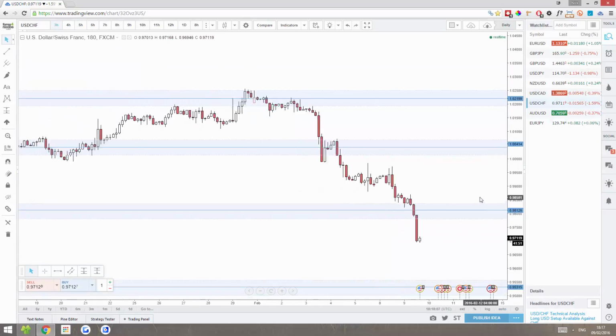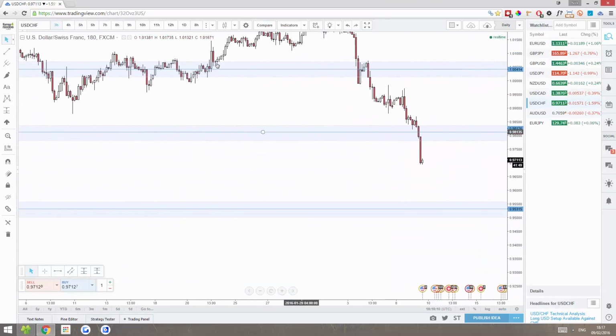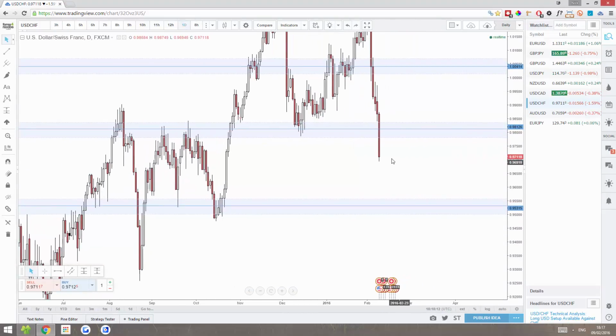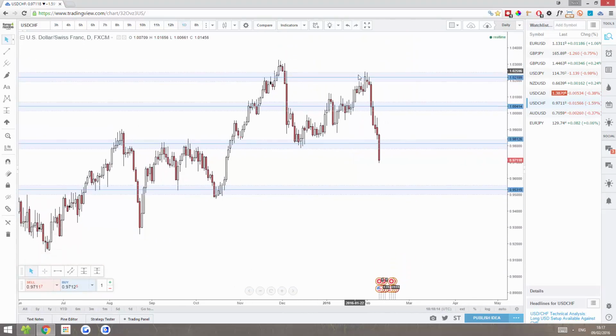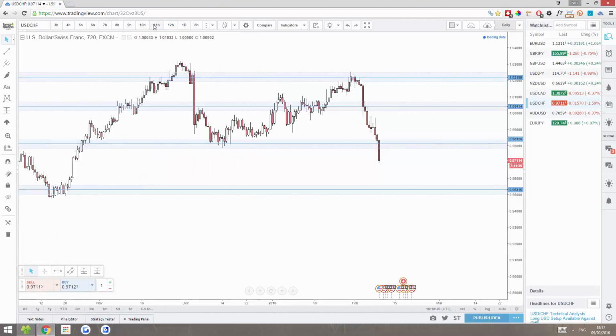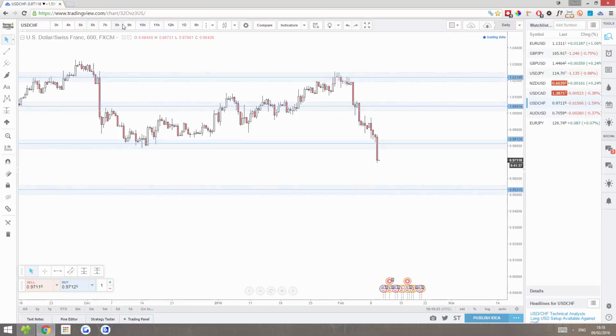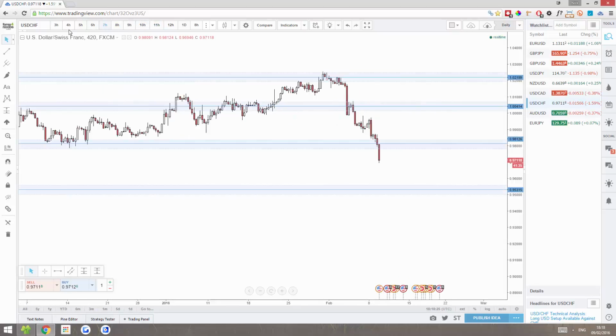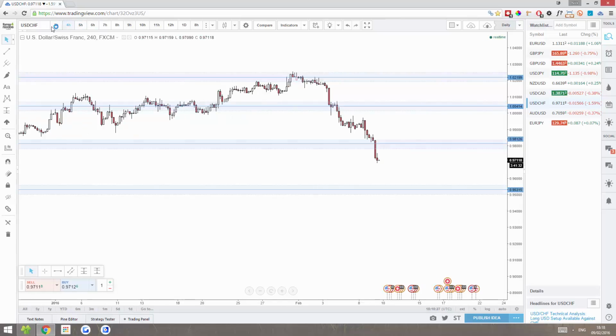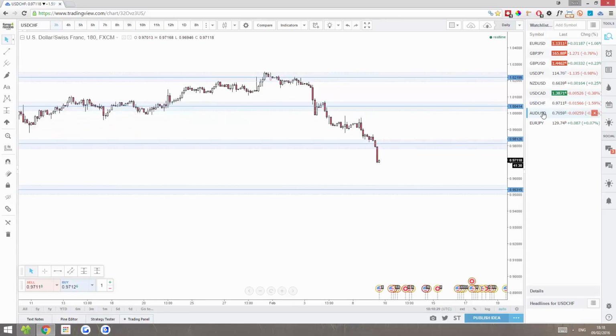USDCHF. That's going straight down. Yeah, but it's in between two support resistance areas, so there's nothing much that we're going to find here. Yeah, nothing worth trading.